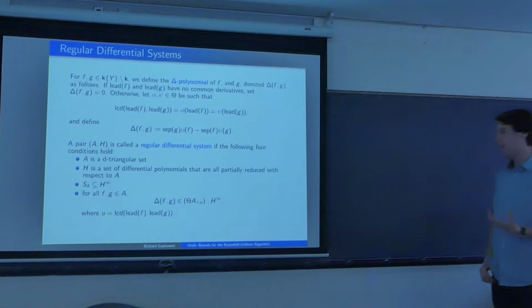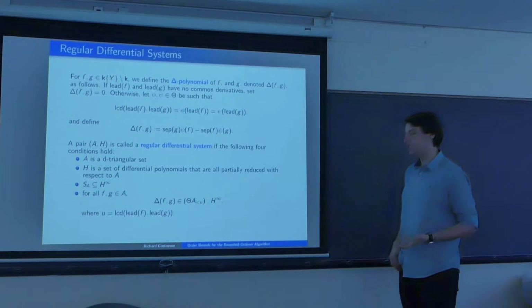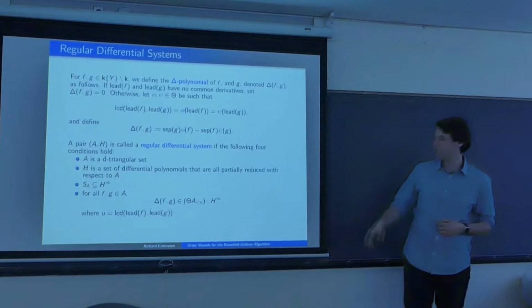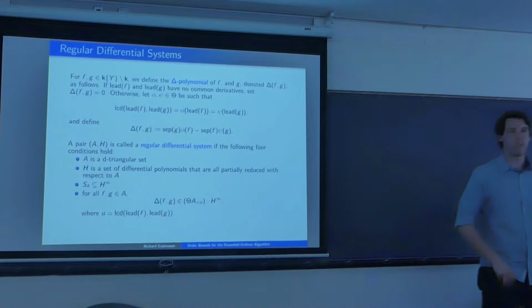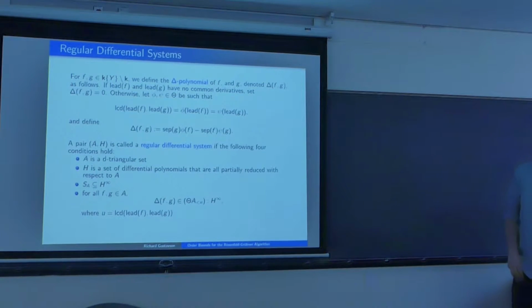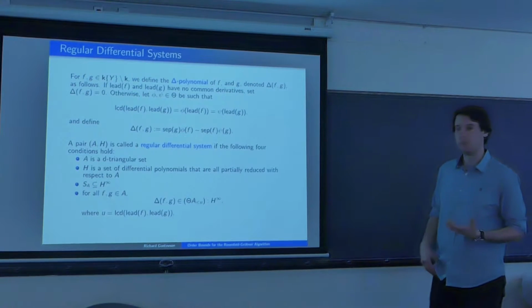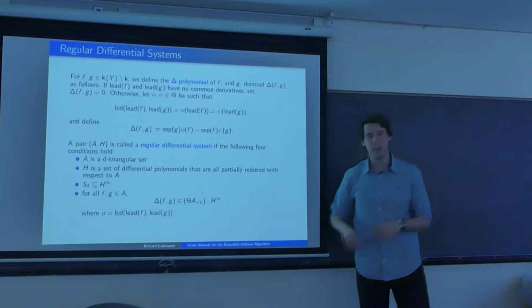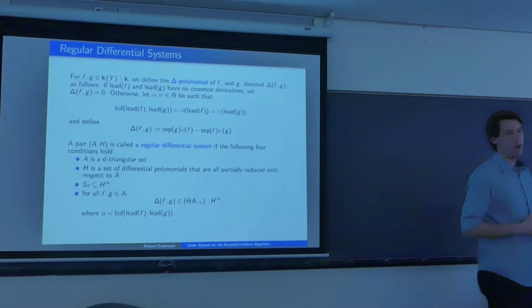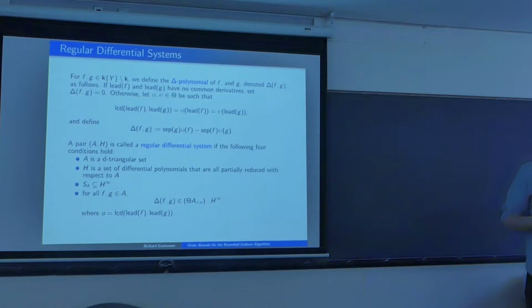So the idea here is that delta of f and g will always be in the saturation ideal if we replace this with the differential ideal generated by A. And so in order for this to be a regular differential system, we want to be able to get this in a way where we only allow linear combinations of elements whose rank is strictly less than the least common derivative of the leader of f and the leader of g.